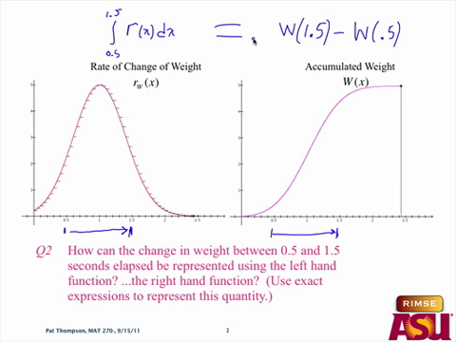In the last week and a half, we've been talking about getting a closed form for the accumulation function. So knowing the rate function, having a closed form for the weight function. This represents a very complex and long process of adding up a zillion bits of weight, right?